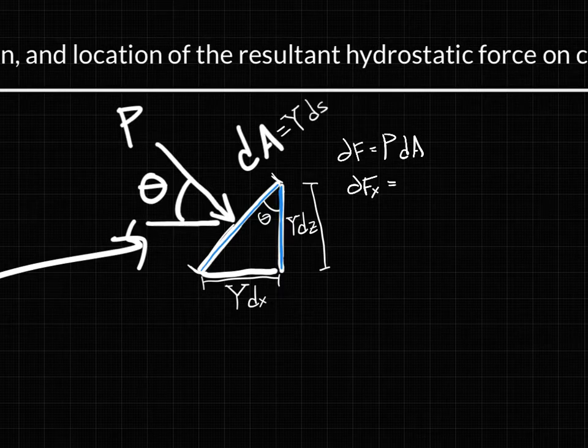So right now I want to do something like a force balance in the x direction. It's not really a force balance, but basically I'm thinking about the force from pressure in just the x direction. So dFx is going to be P, and instead of dA, I'm going to have this side right here. So P times y times dz. We're going to go from there.